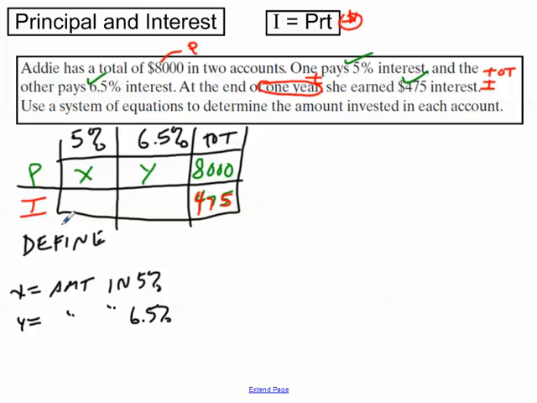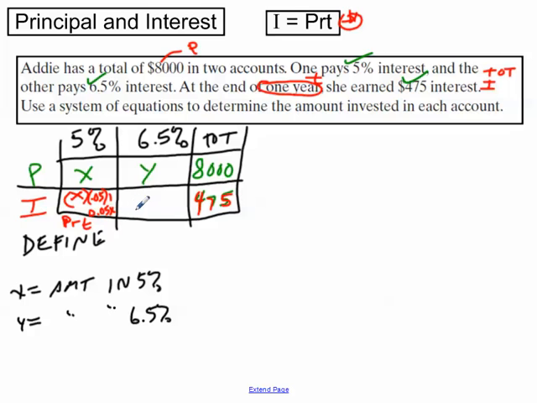Interest equals principal times R times T. Principal is X. Rate R is 0.05. And our time is 1. So, made a little more mathy, this would be 0.05x.